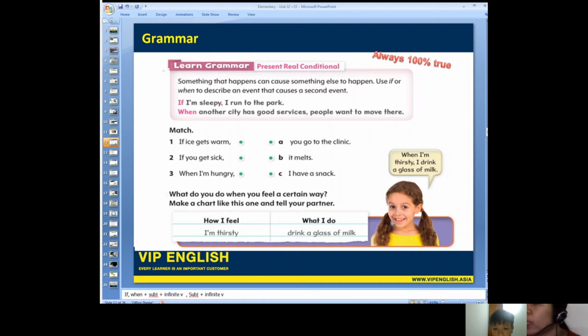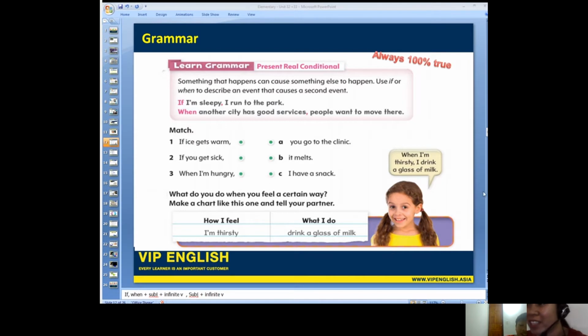Like what will happen if I have ice? Okay, if I have ice, and then what will happen? It melts.